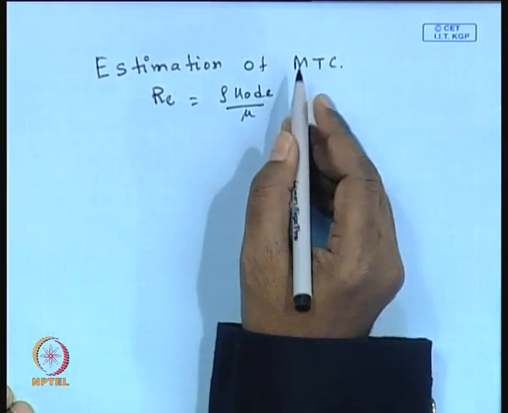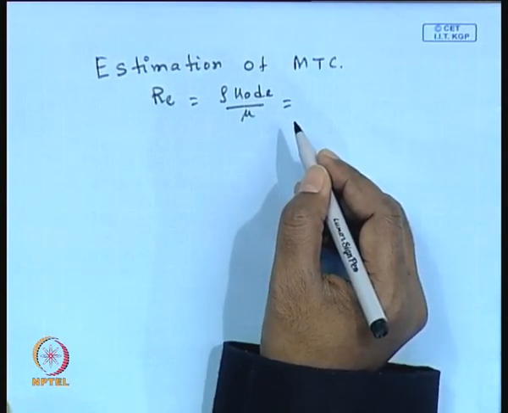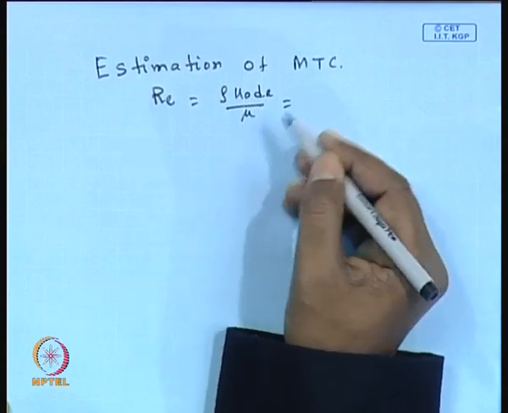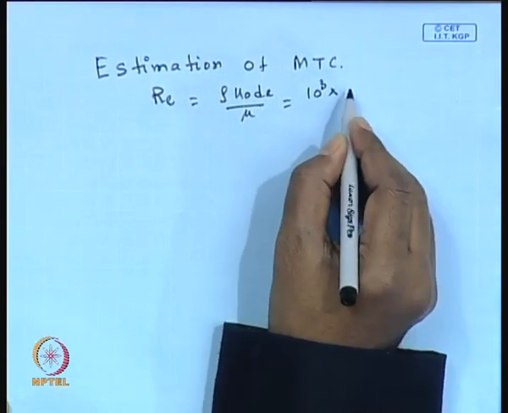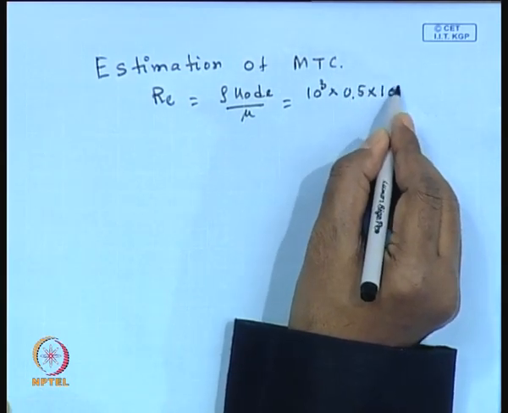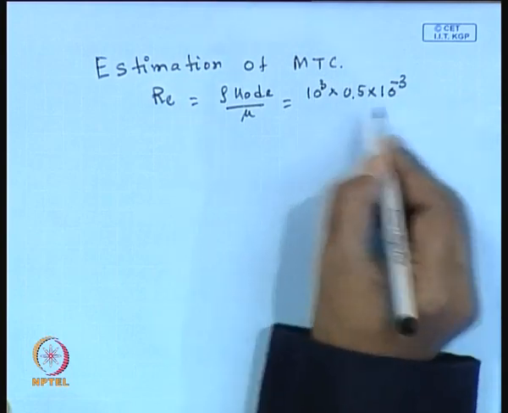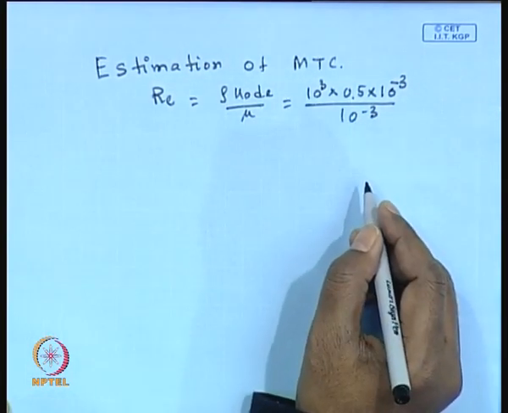Depending on the Reynolds number, you decide whether the flow is laminar or turbulent. You take almost water viscosity and density. So, rho will be 10 cube, u naught is 0.5 meter per second, d equivalent is 10 to the power minus 3 meter, and mu will be 10 to the power minus 3 Pascal second.